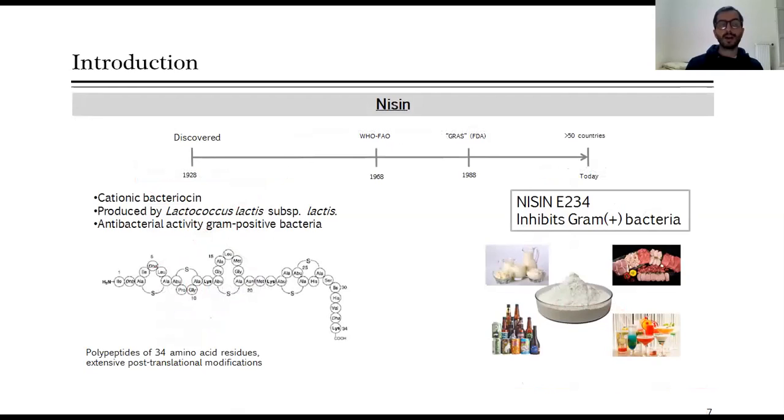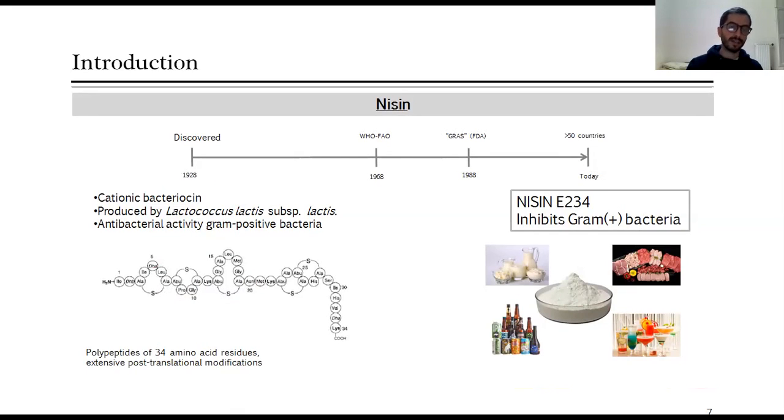Nisin is a commercial antimicrobial peptide used in the food industry since 1988, when the Food and Drug Administration considered this antimicrobial peptide a GRAS additive, and today it is used in more than 50 countries around the world.